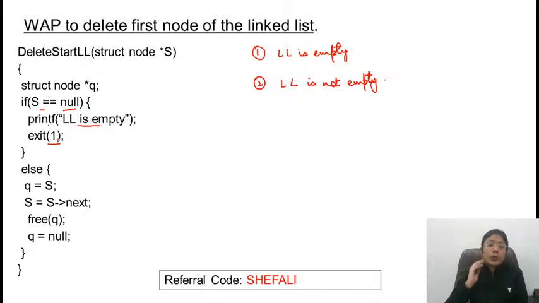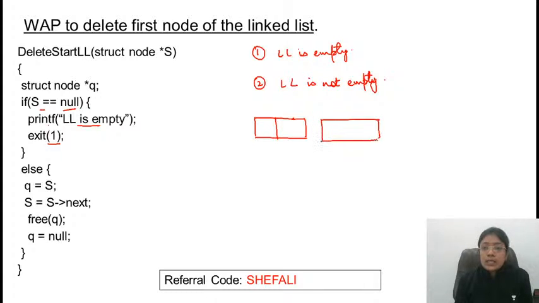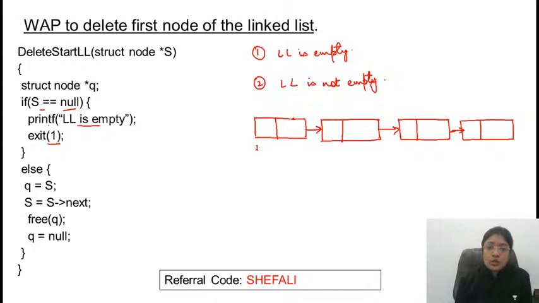Otherwise what will happen? Let's consider the linked list. This is the linked list with some 4 nodes. This time I will not be taking 3 nodes, otherwise you will be like, ma'am, is there any specific reason that every time you are taking 3 nodes? So let me take this as 4. Let's assume that these nodes are created at, and this time I am going to change the address locations. It's 100, 200, 300 and 400.